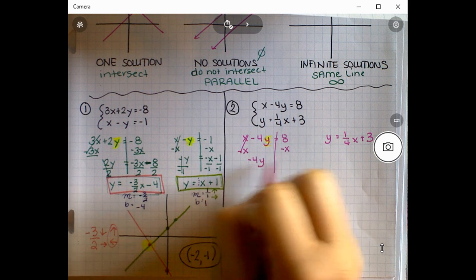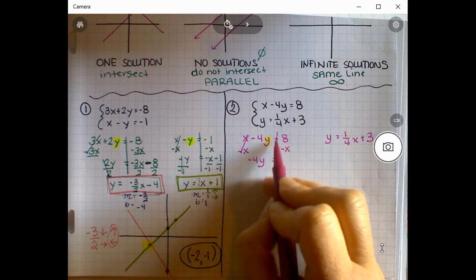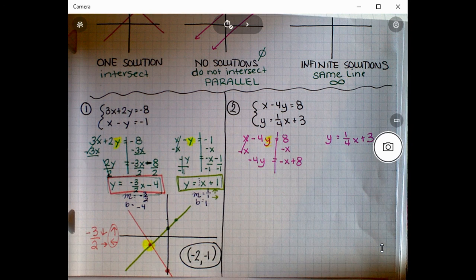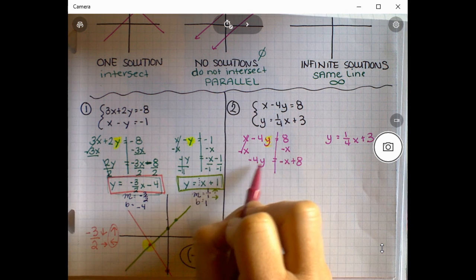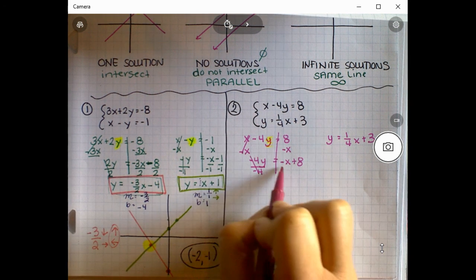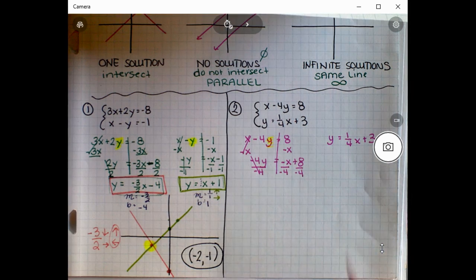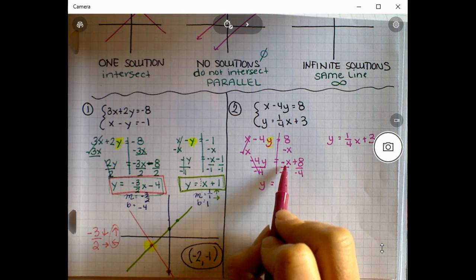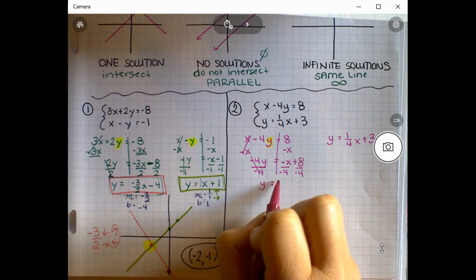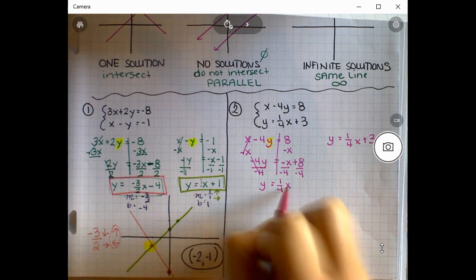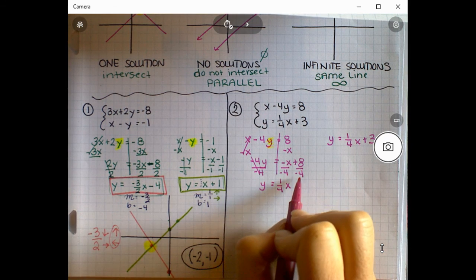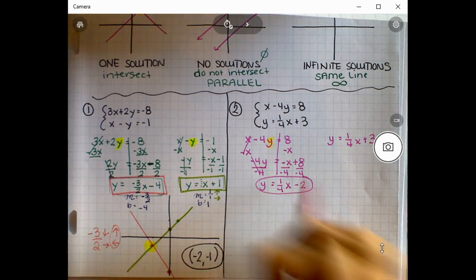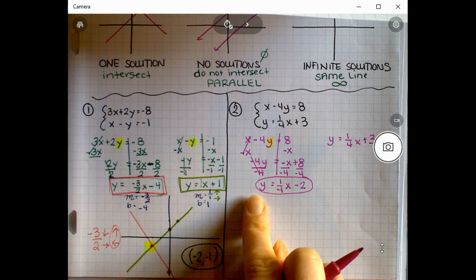That means 4y equals. These are unlike terms, so we cannot combine. All right, -4 times y, so we need to divide by -4 every term. So now y equals, and we have -1 over -4, so that's +1/4x. And 8 divided by -4 is -2. Okay, this is now solved for y.